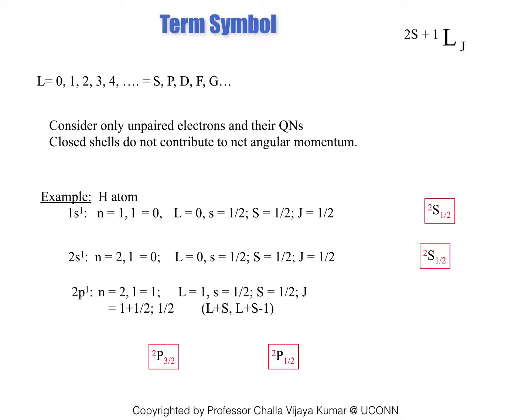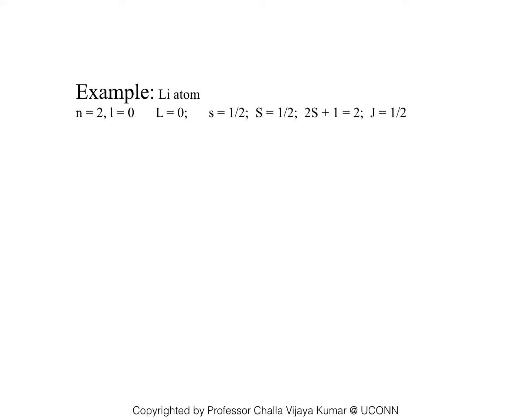So 2p1 has two separate angular momentum states that we can find. If you do spectroscopy, these terms will be revealed, meaning you'll have transitions from these states into upper states. So you get two sets of lines. That's all it means.